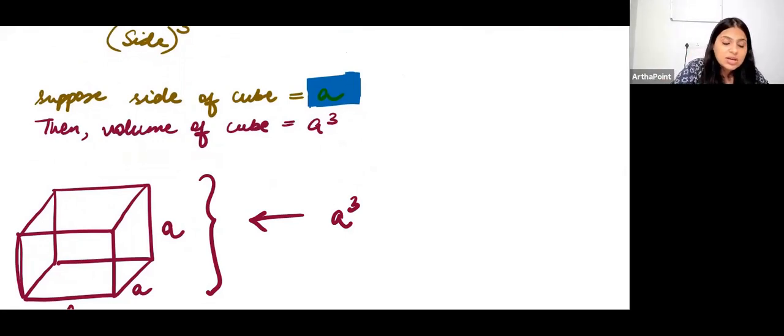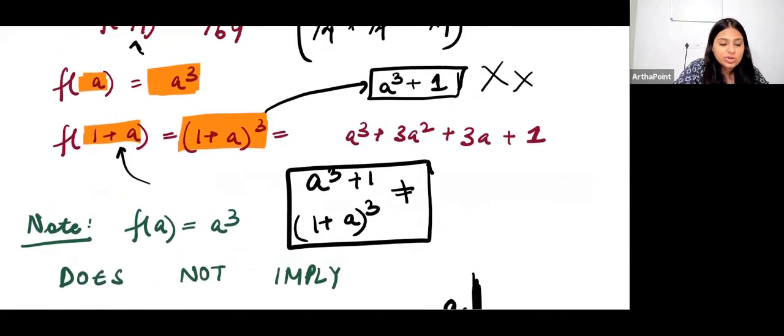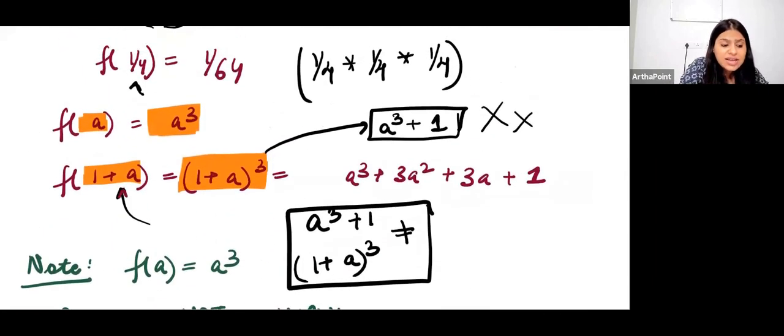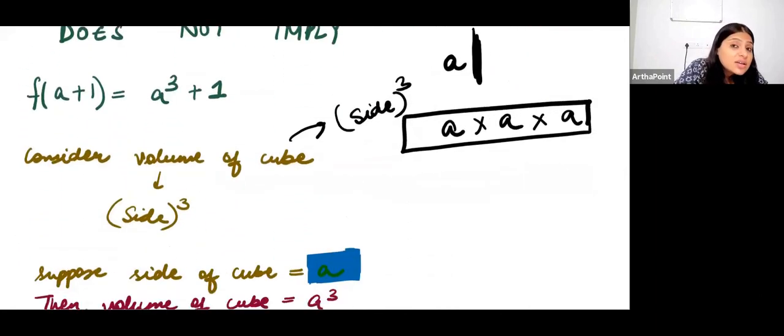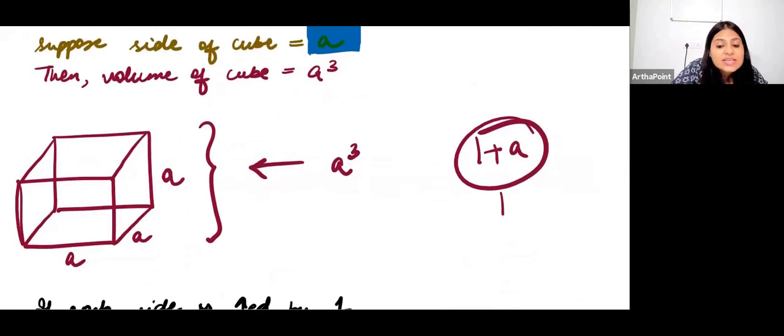Now consider another cube whose value of the side is 1 plus a, because in the other question, I am saying that x is 1 plus a. Then when its side is 1 plus a, length, breadth and height, all three of these values are increasing by 1.